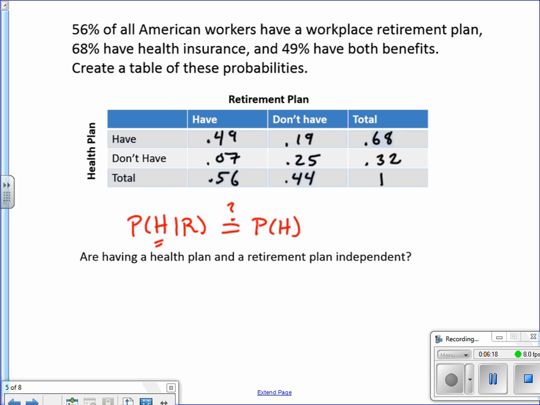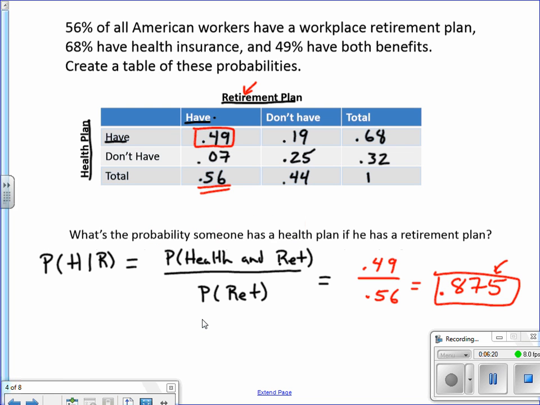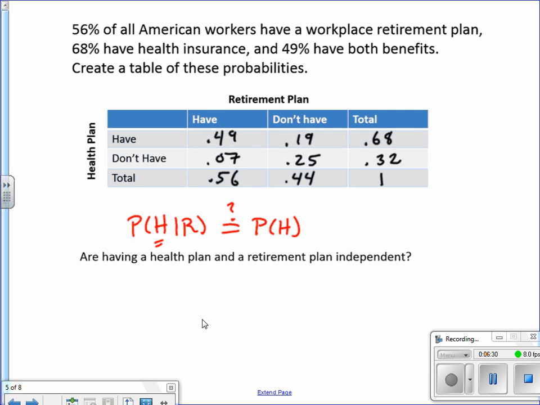Well, to save myself a little bit of work, we just figured out the probability of health given retirement on this previous page. So the probability of a health plan given that you have a retirement plan was 0.875.